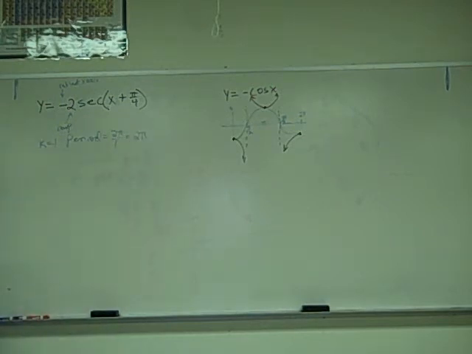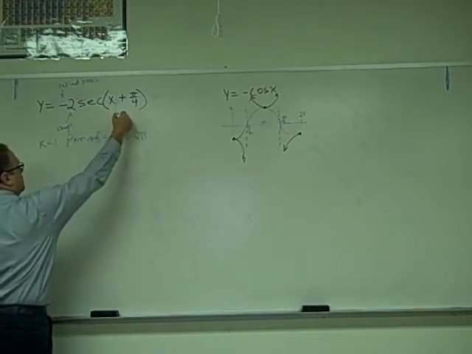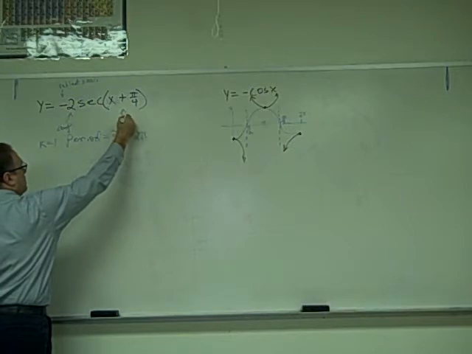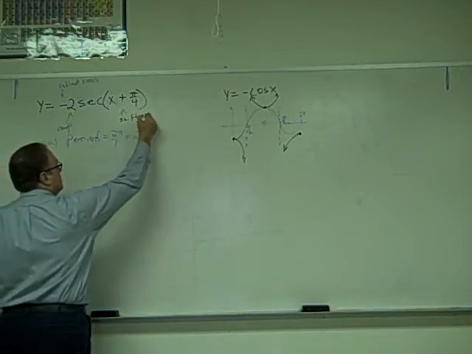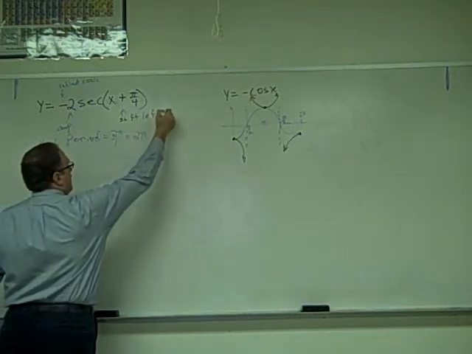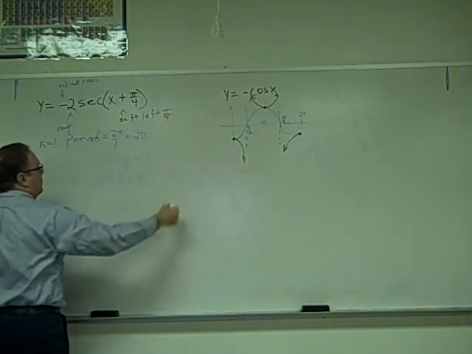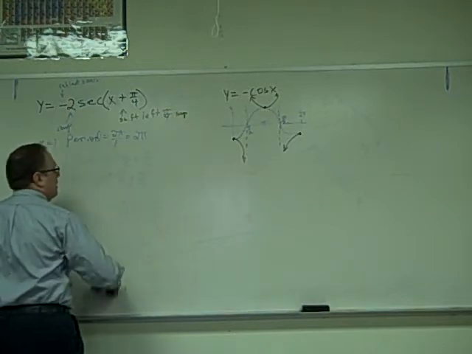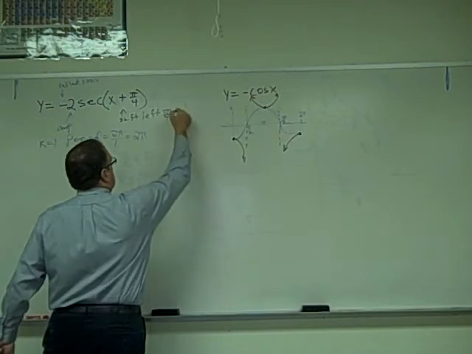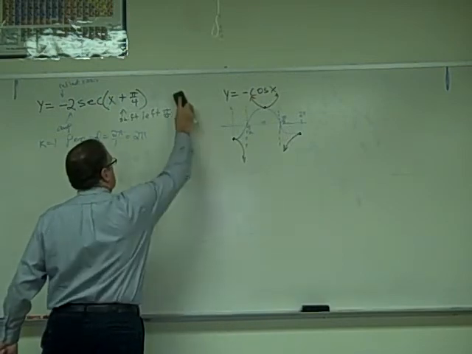Okay? And our, what's happening here? This is going to shift which way? To the left. Good. By pi over 4. So that means we need to subtract, right? Eventually.